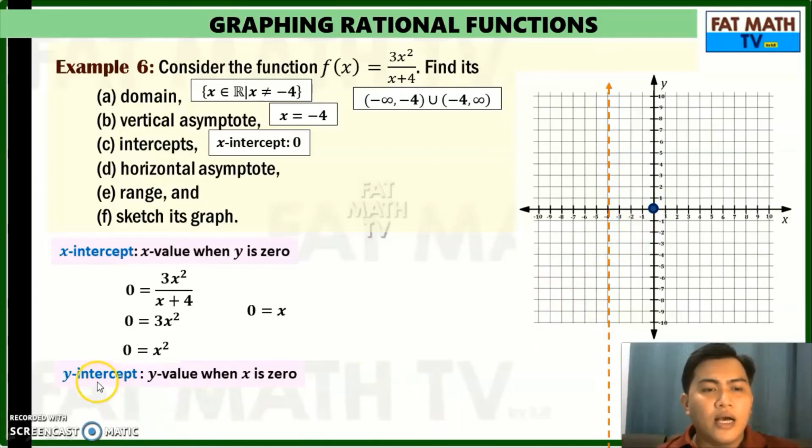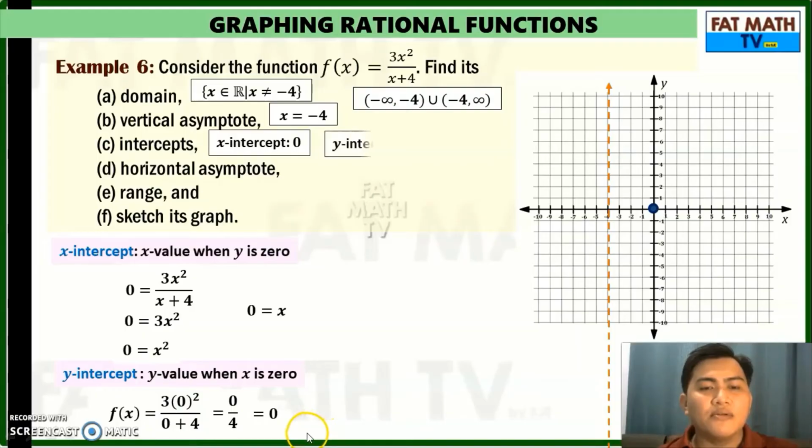So for the y value when x is 0, make x 0. So 3 times 0 squared over 0 plus 4, that's 0 times 3, 0, over 0 plus 4, that's 4. So 0 over 4 is 0. But actually, if you know that the x-intercept is 0, the y-intercept will automatically also be 0 because the graph passes through the origin.